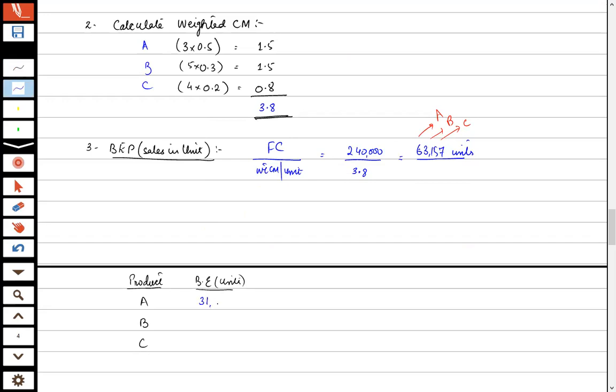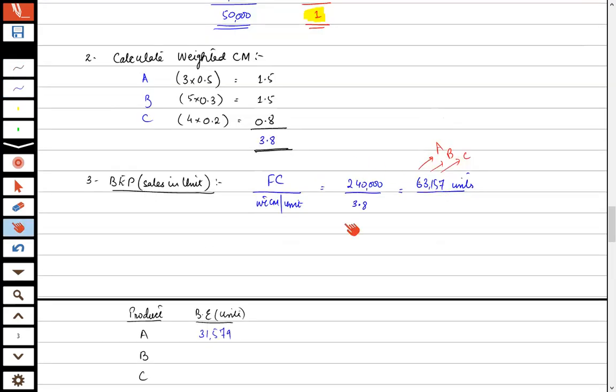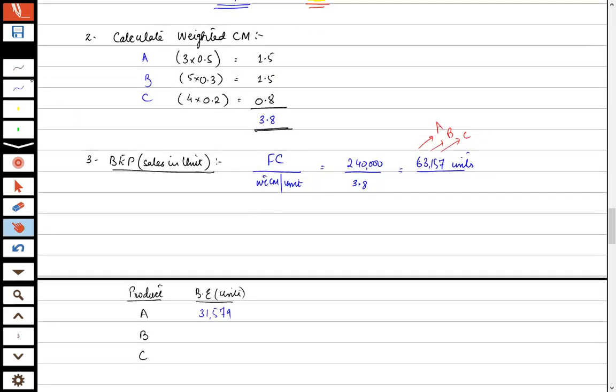You can check it with your calculator. Is this the correct amount? Yes. Then again, 63,157 times 0.3 gives us 18,947. Is this the correct amount? Yes.